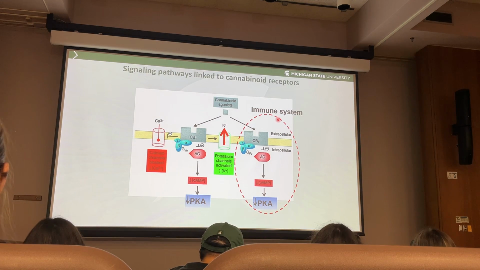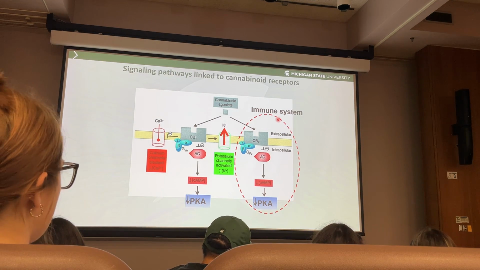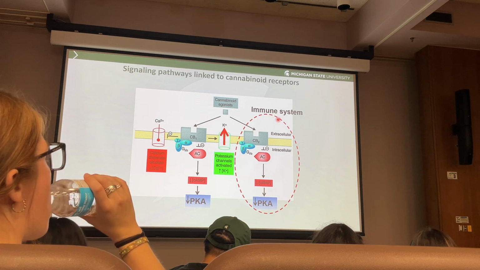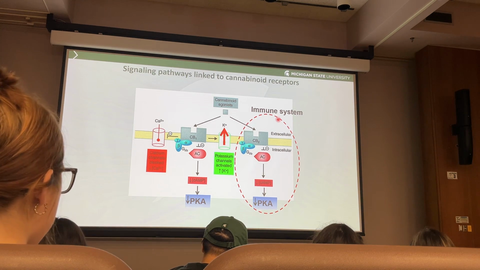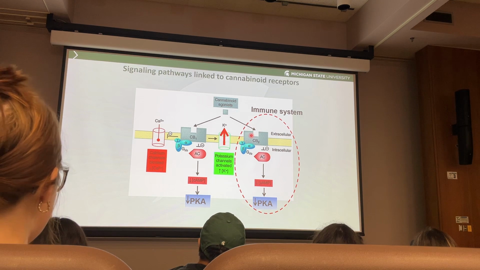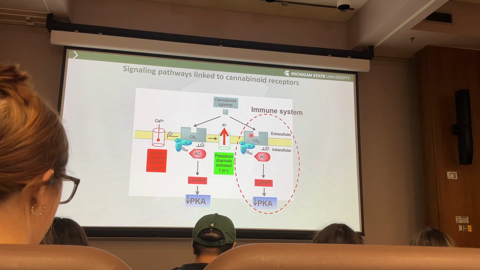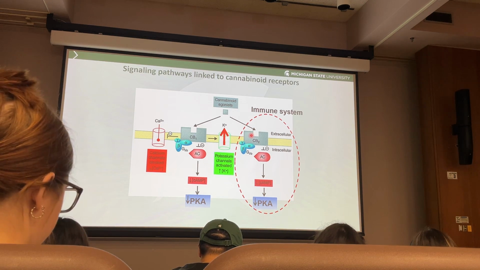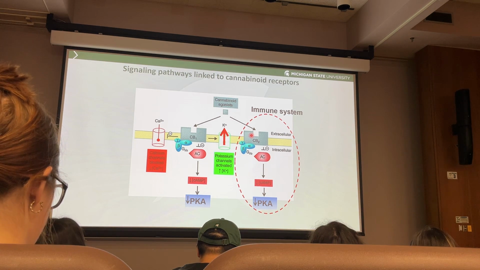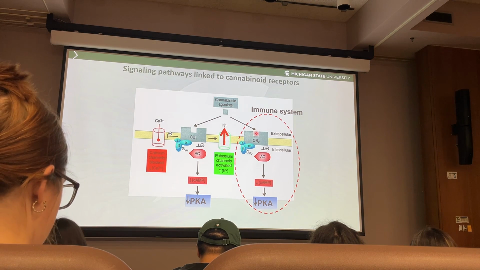This time we'll discuss in a little more detail some of the downstream effects, and talk about CB1 and CB2. In some cases we'll have more of a discussion of CB2 binding and activation.